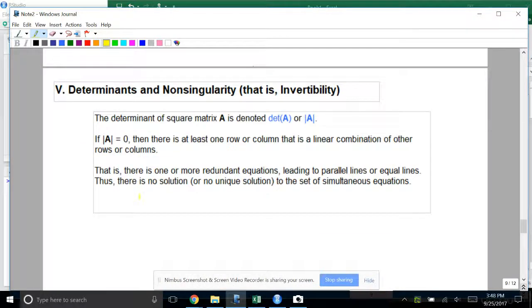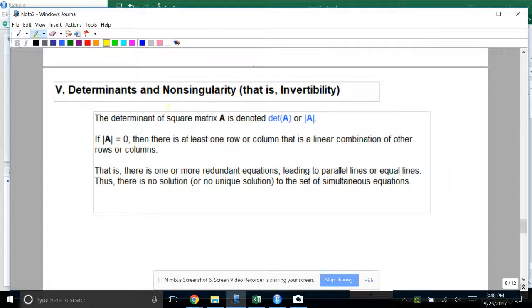All right, so we can determine whether a matrix is singular or not by looking at its determinant. The determinant, I guess there are some other uses for it, but it is a way of determining whether some rows or columns are linear combinations of each other.